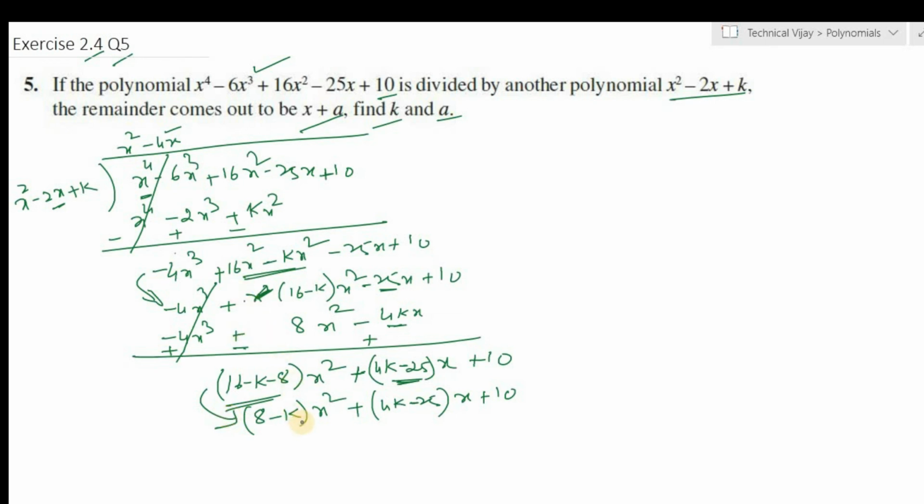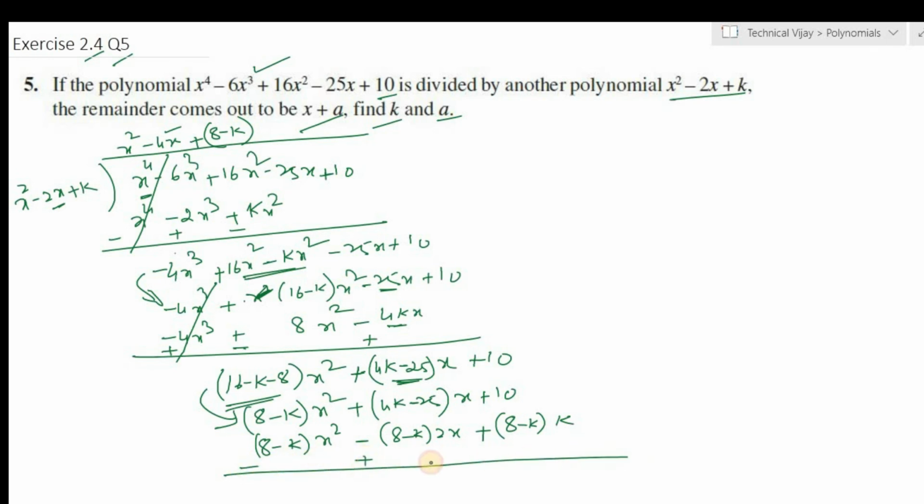Now for the x square term, we multiply by 8 minus k: 8 minus k into x square, then minus 8 minus k into 2x, plus 8 minus k into k. In the same way we will write.